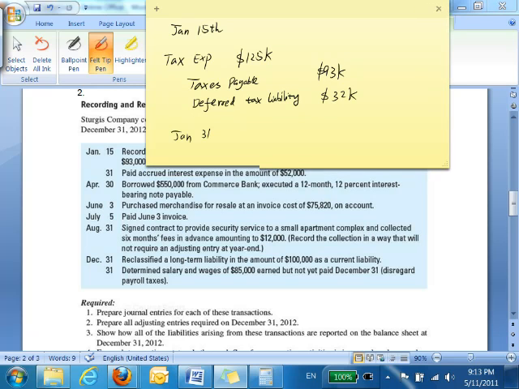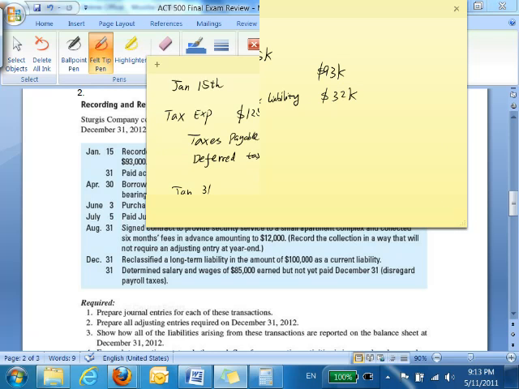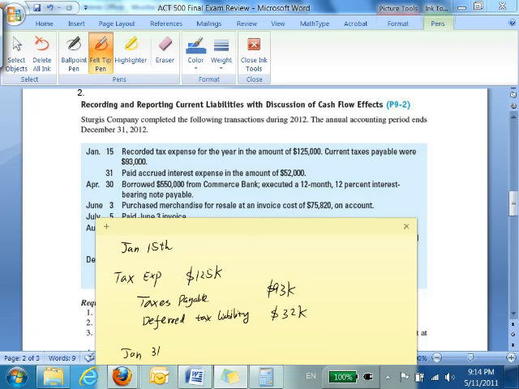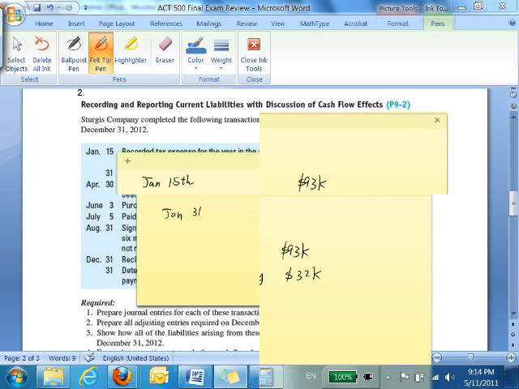So let's see. And we paid accrued interest expense. So it implies that we had interest payable before. And we pay off this interest payable.